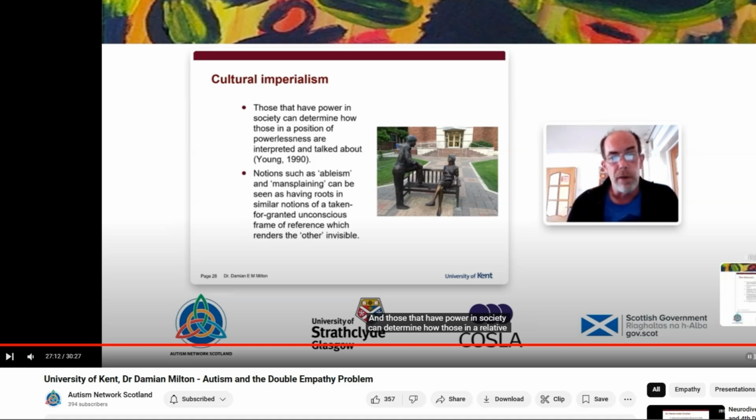And those that have power in society can determine how those in a relative position of powerlessness are interpreted and talked about, as the feminist Iris Marion Young points out. And notions such as ableism and mansplaining can be seen as having roots in similar notions of a taken for granted unconscious frame of reference which renders the other invisible.